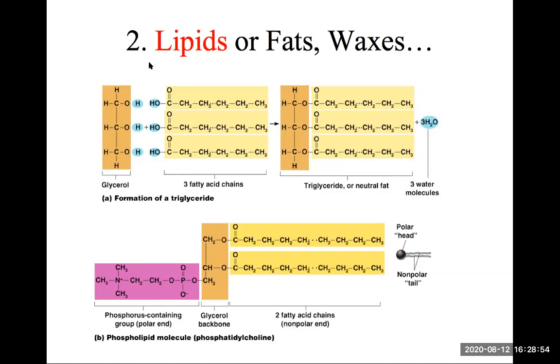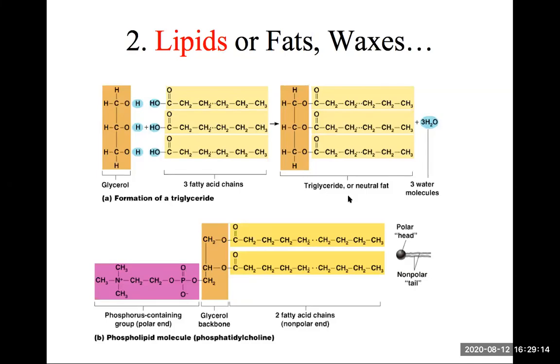All right. The second category of macromolecules that are important in human anatomy are the lipids, which consist of all the fats, and less important in us, but more important in other biological organisms, are the waxes. Okay, so these are your fats. So how do you make a fat?